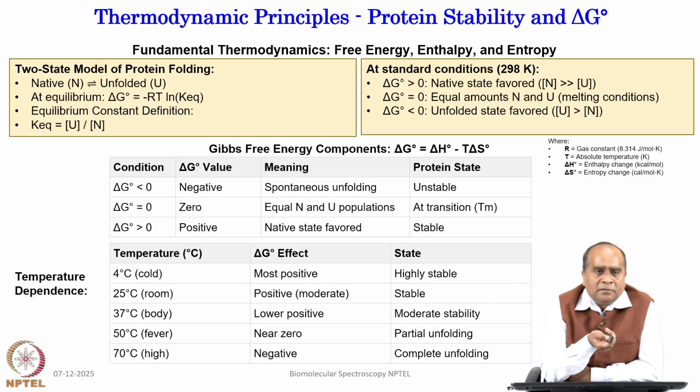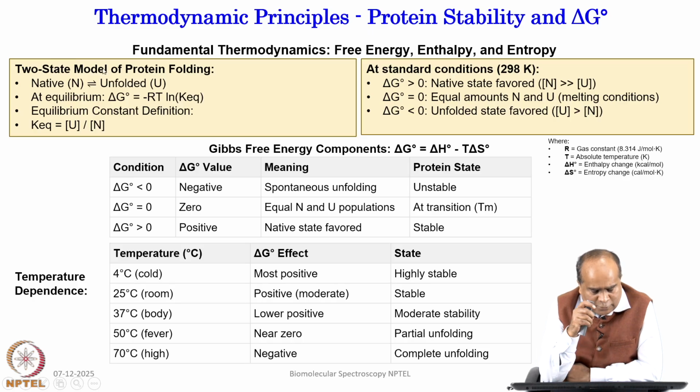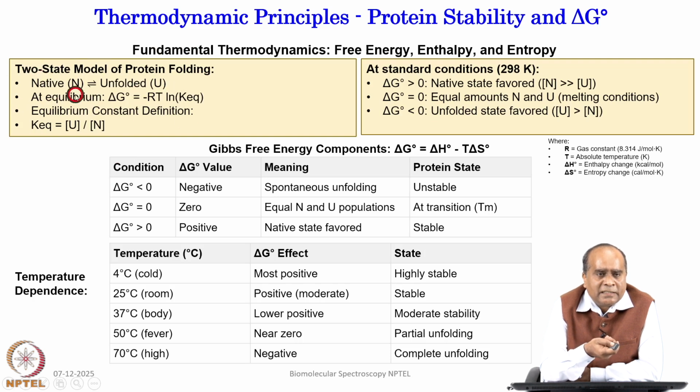So, what is happening is the protein is going from the native state to the unfolded state. So, native state N, unfolded state U. At any equilibrium we can write delta G equal to minus RT ln K equilibrium, where K equilibrium is the concentration of the unfolded state divided by the folded state, U by N, and you can find the equilibrium constant.